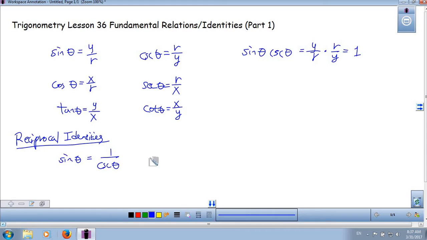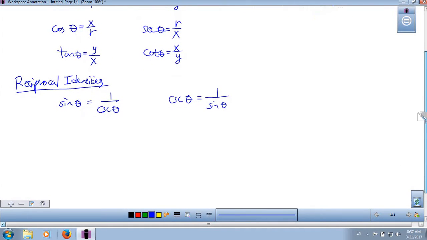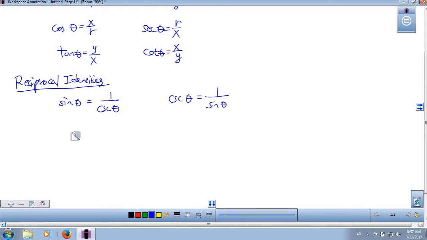By the same token, cosecant theta is 1 over sine theta, because they are reciprocals of each other. So sine is 1 over cosecant, and cosecant theta is 1 over sine theta.